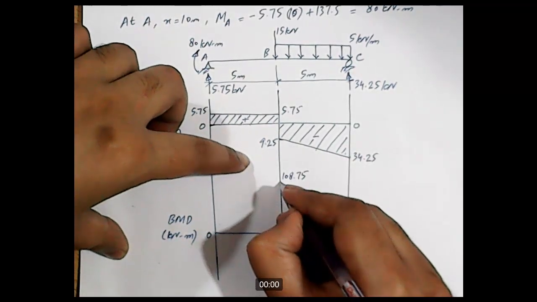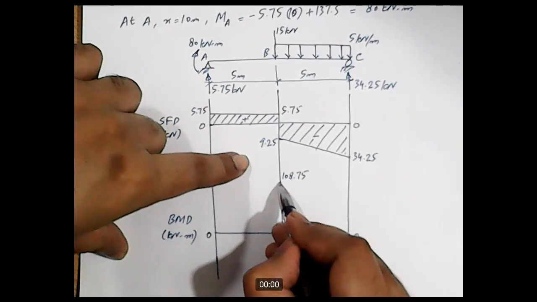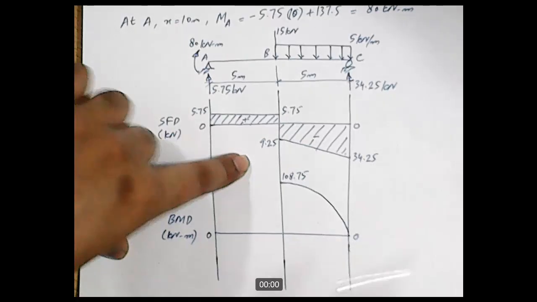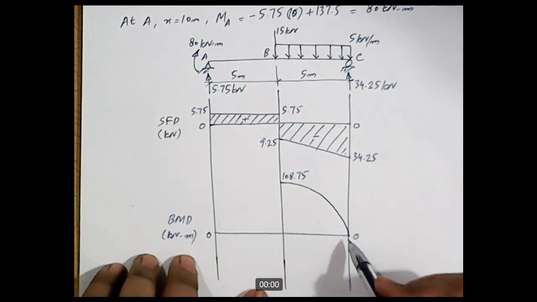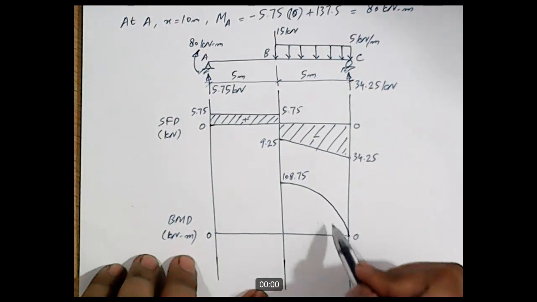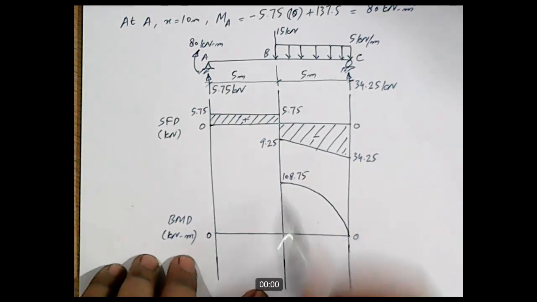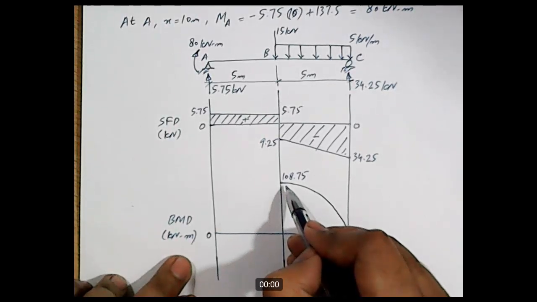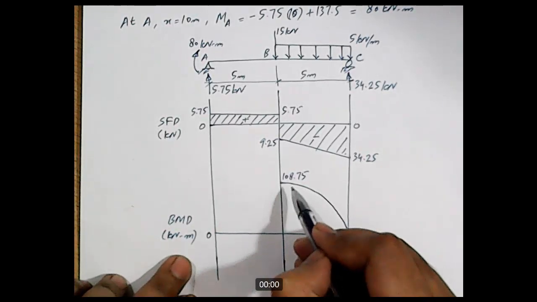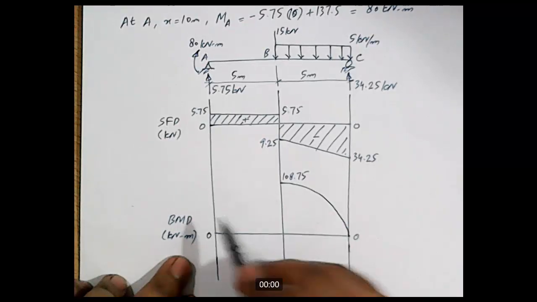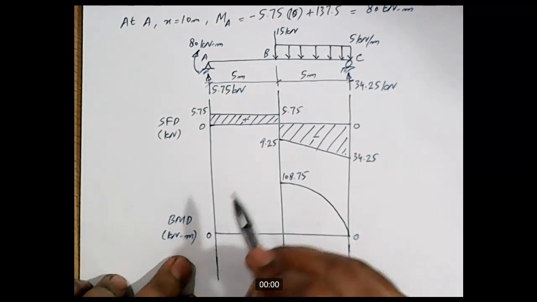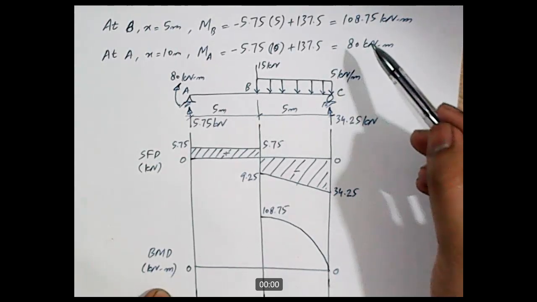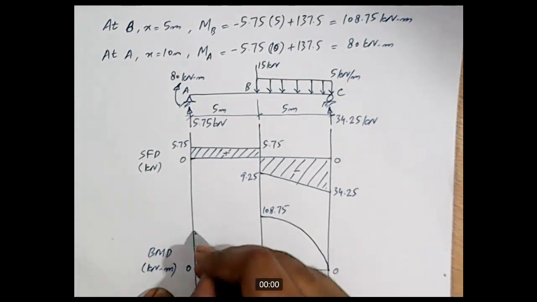So the curve will be somewhat like this. If we proceed in the rightward direction, the slope of the bending moment diagram is decreasing. And then in this part, the value of MB from portion AB is exactly the same, 108.75, and the value of MA, we have just calculated here, it's 80 kilonewton meter with a positive sign, so it will be somewhere over here.